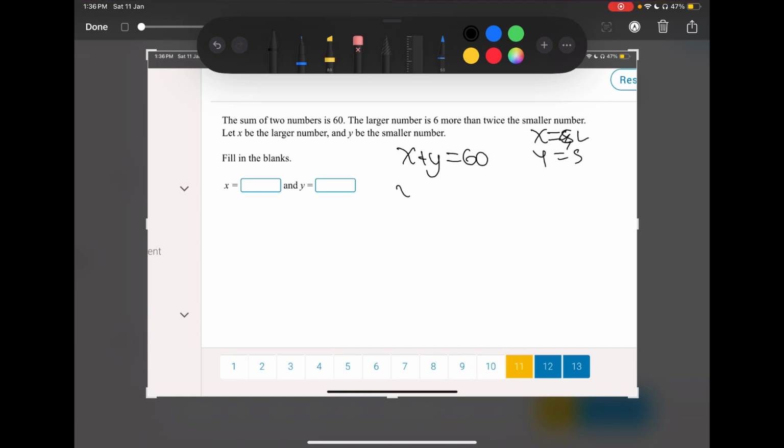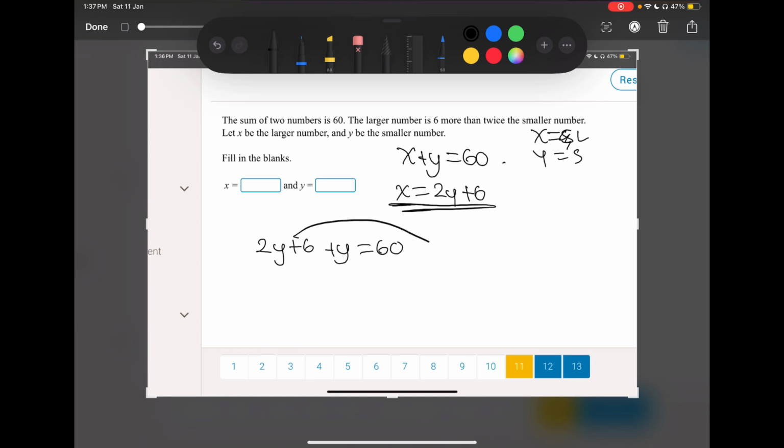So we're gonna have x is equal to 2y plus 6, because the larger number is x, right? It is 6 more than twice the smaller number. Twice the smaller number is 2 times y, okay? So substitute x into here. So we're gonna have 2y plus 6 plus y equals 60, yes?